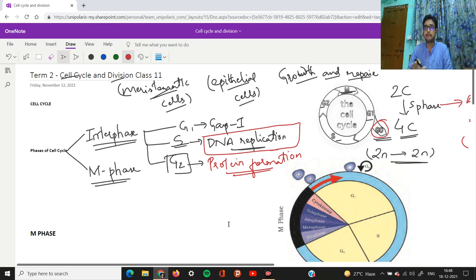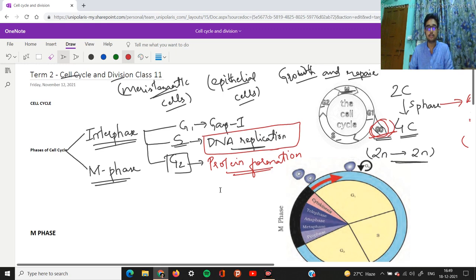Nothing is happening without any command to the cell. The cell right now doesn't want to divide, or it does not have to divide, and until and unless it is asked to do so, it won't. So in this phase, it will stay the same and won't divide further. This is known as the G naught or the quiescent cell stage.